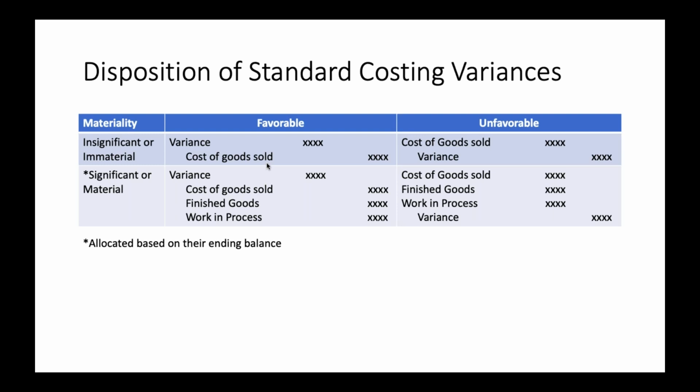All those entries that we had in the previous slide, material quantity variance, labor rate variance, overhead variance, all the variances, if it is insignificant, close it to the cost of goods sold. If it is significant, then we have to allocate to cost of goods sold, finished goods, and work in process. So just take note of the entries for favorable and unfavorable variance.